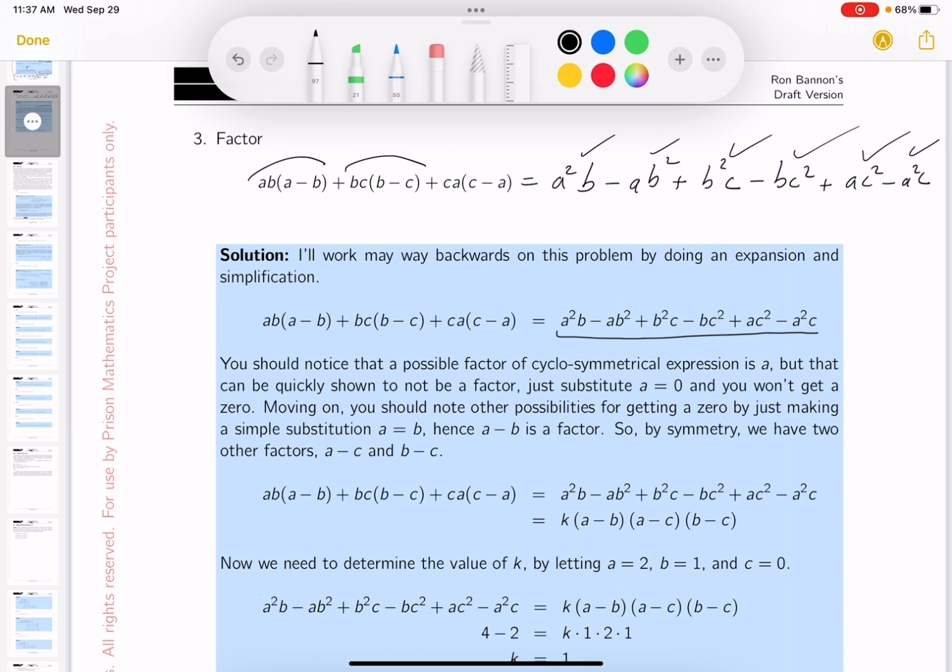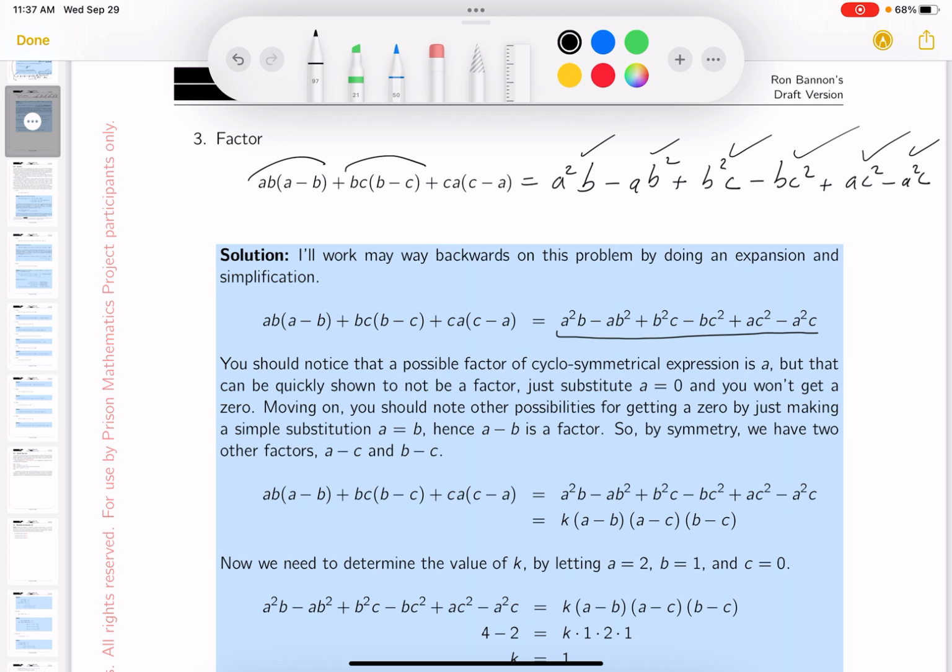What I'm going to do is say that, looking at it, there's a sense of a cyclosymmetric expression in A, b, c. And I'm going to say, let's substitute A equals 0 into the problem. And I hope by doing that you're going to notice that you would not get a 0, all right?